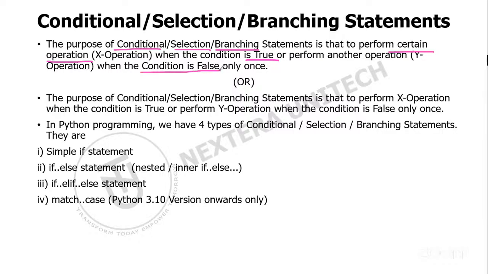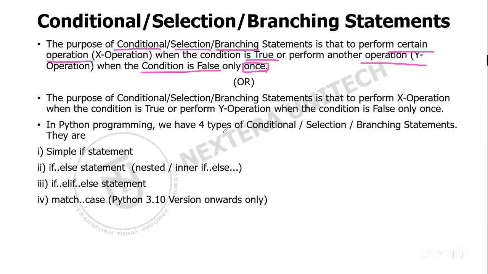If the condition is false, then it performs the other operation. But how many times? Only once. So this is the difference that you'll understand between conditional and looping statements. Under conditional statements, the operation will be performed only once, depending on whether the condition becomes true or false.